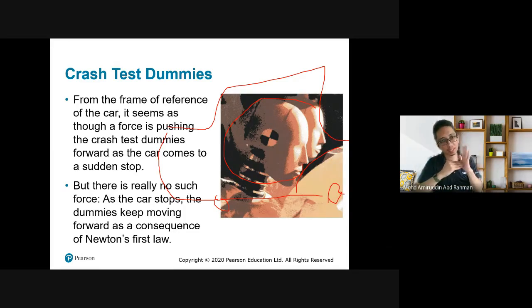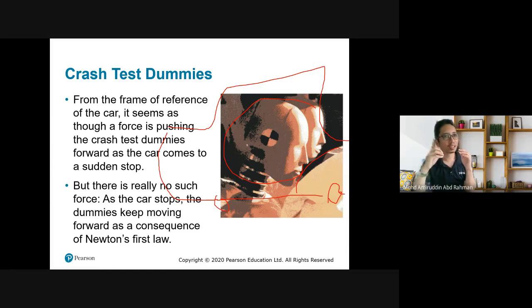as with the bus, there will be a jerk moment when the car comes to a sudden stop, when it hits an object. Then of course you will keep moving forward, because at that time there is no longer a net force on you.